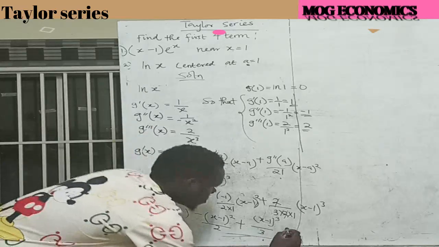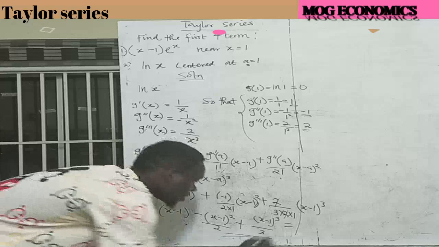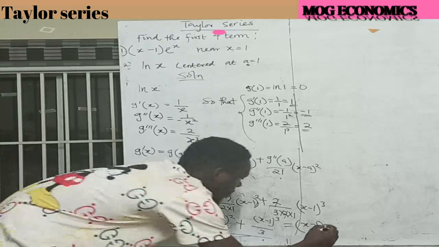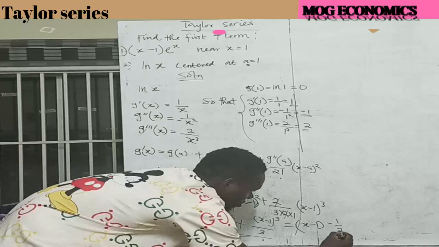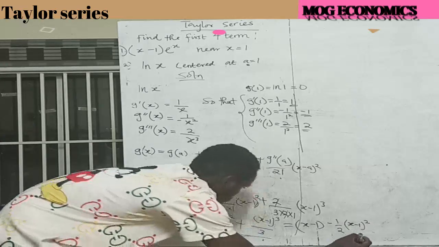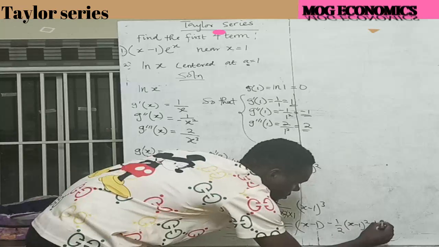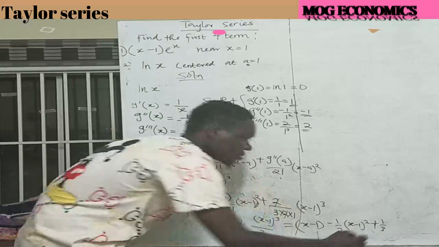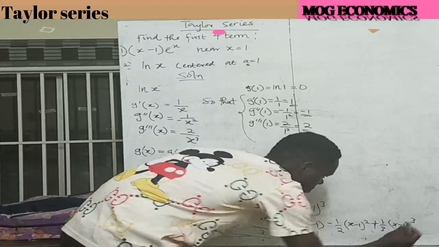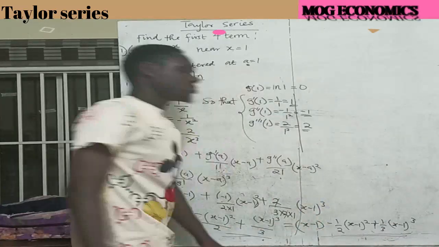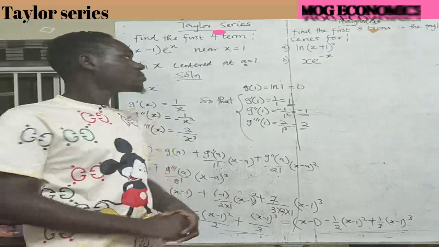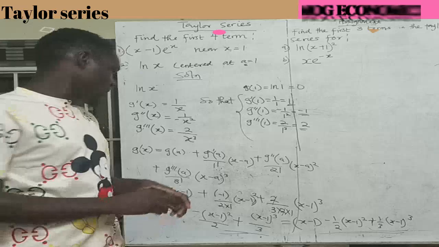We can further express this as x minus 1 minus 1 over 2 x minus 1 squared plus 1 over 3 x minus 1 cubed. And that's the answer.